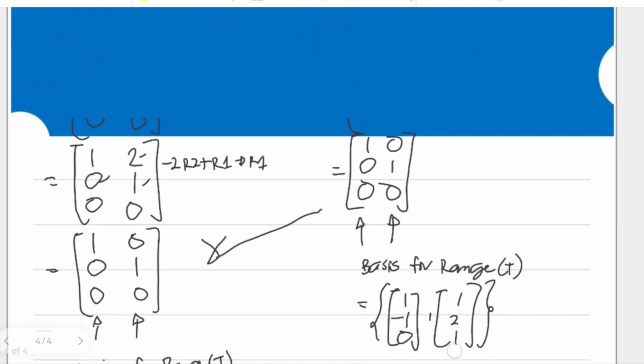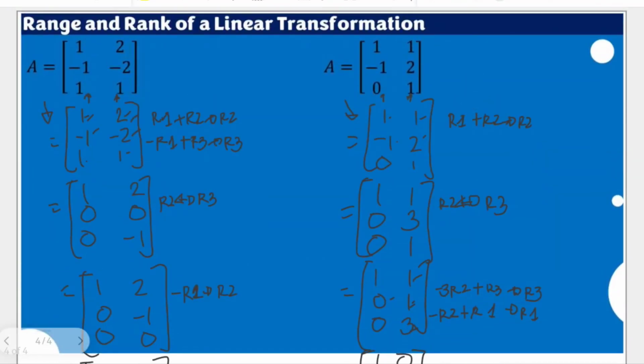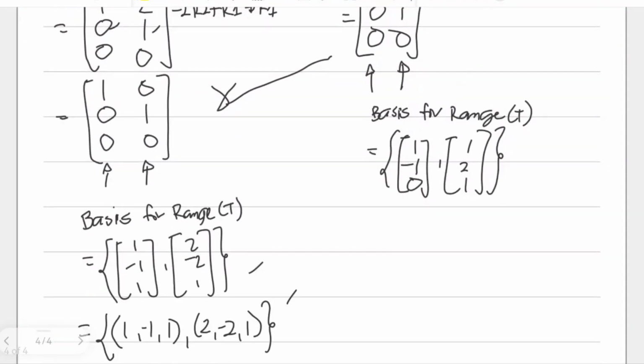Let me check. 1, negative 1, 0, 1, 2, and 1. That's correct. Or you could rewrite in this manner. 1, negative 1, 0, and then 1, 2, and then 1. So this is the basis for the range of T.